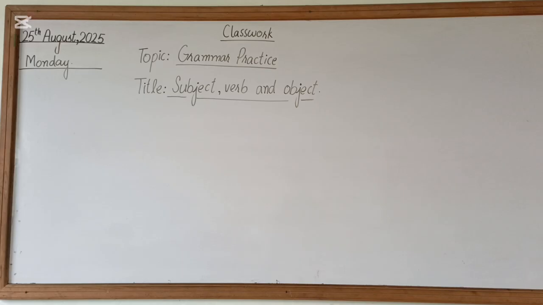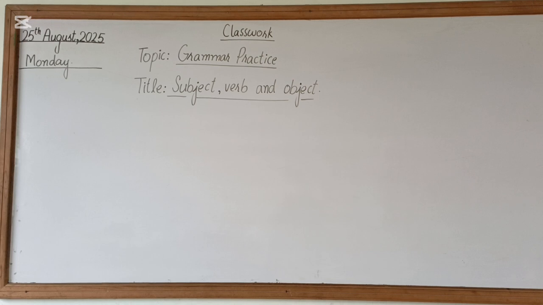Then: my grandparents never dash fast food, and the options were eat or eats. Grandparents is a plural noun, so we marked the option eat. They dash, it has too much salt and fat in it. Here they is a plural noun, so we use think without s or es.